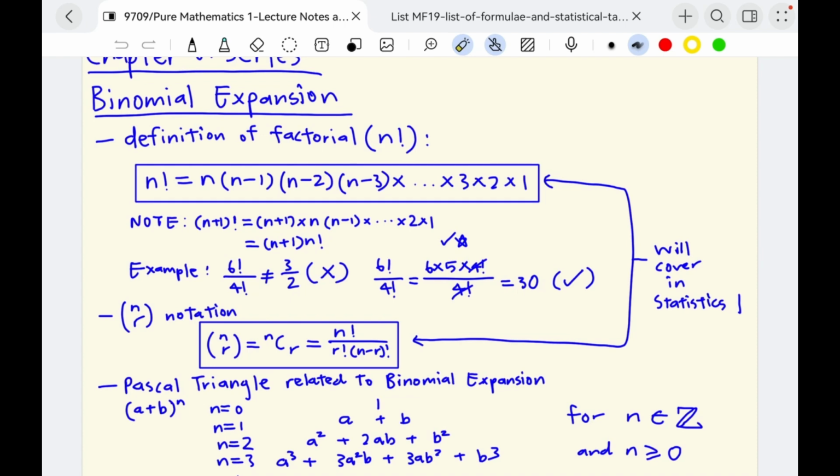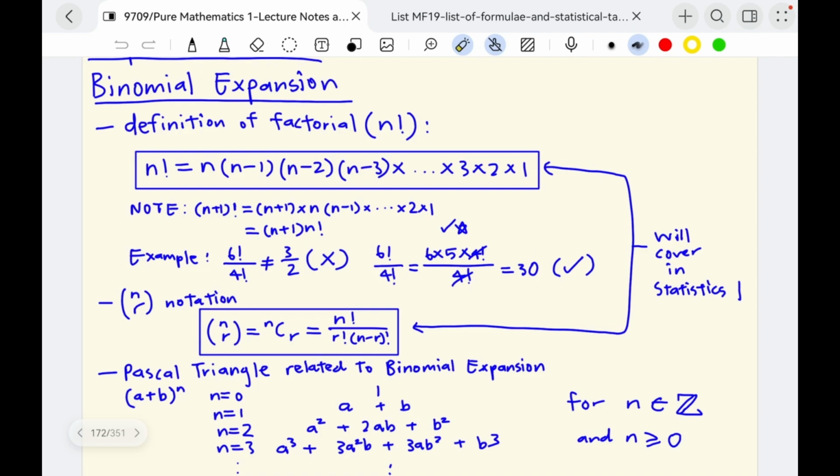So for the n plus 1 factorial, just following the definition of the n factorial, it is n plus 1 times n times n minus 1, keep multiplying until you get the product of 2 and 1. After this proving, we can conclude that n plus 1 factorial is equal to n plus 1 times n factorial. So this one, please highlight it, and you must get what this means.